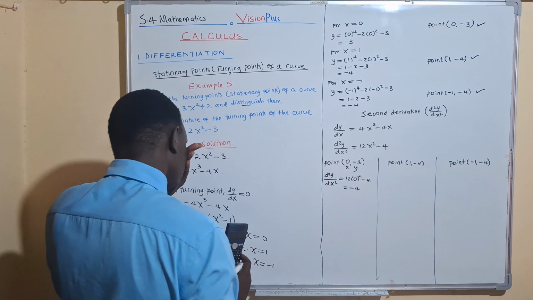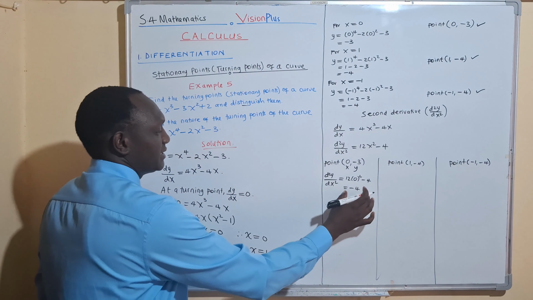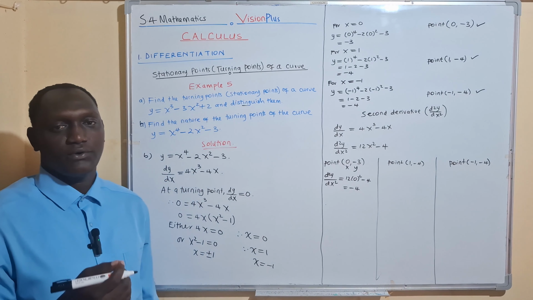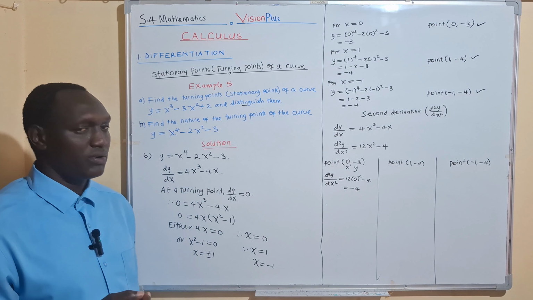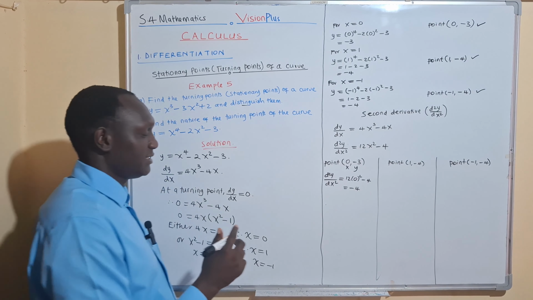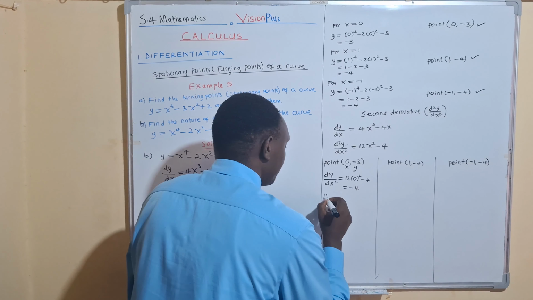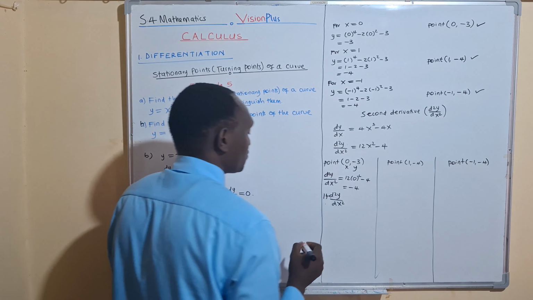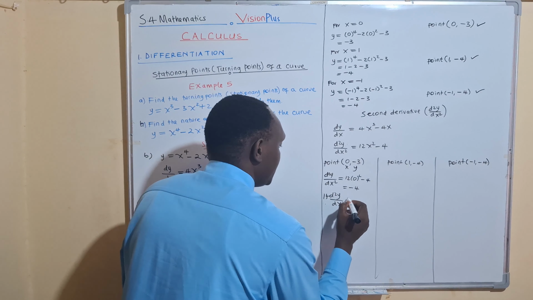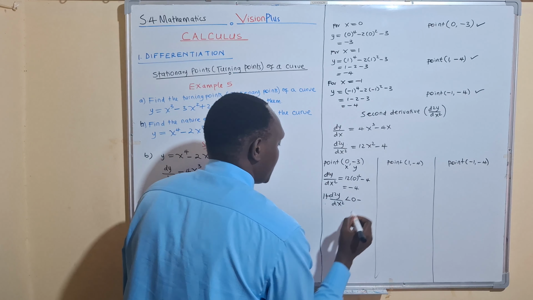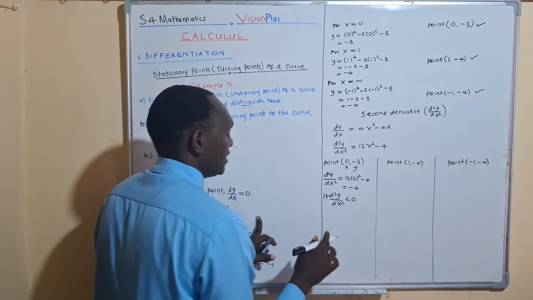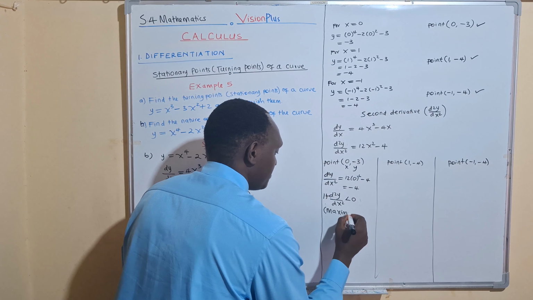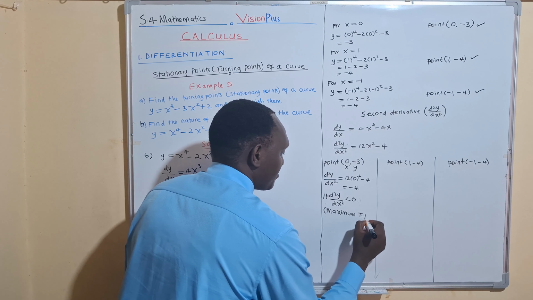Now, after getting negative 4, we judge: is negative 4 more than 0? Is it equal to 0 or less than 0? It is less than 0. So we say if the value of the second derivative d squared y over dx squared is less than 0, this is a maximum turning point.